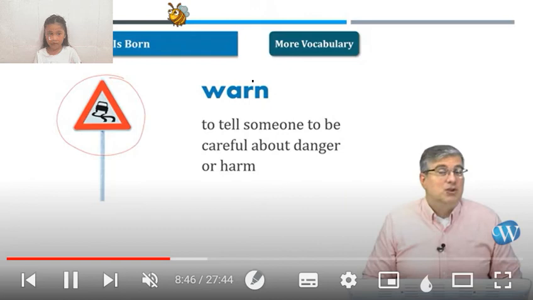The colonists weren't happy with the British law, yes. And the British laws and taxes were mainly unfair laws and taxes, okay? The colonists decided to go to war against England.